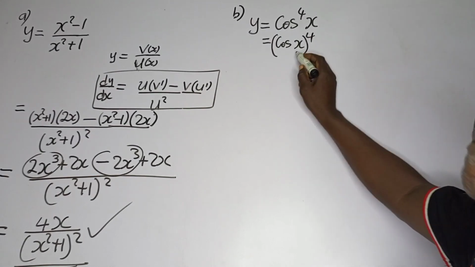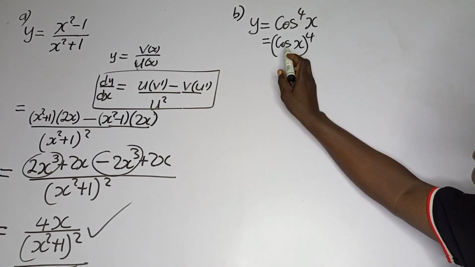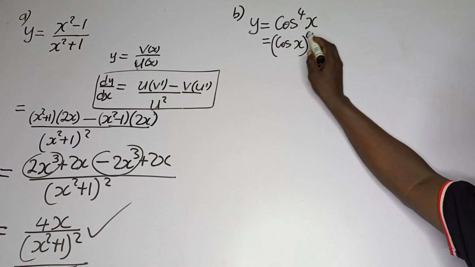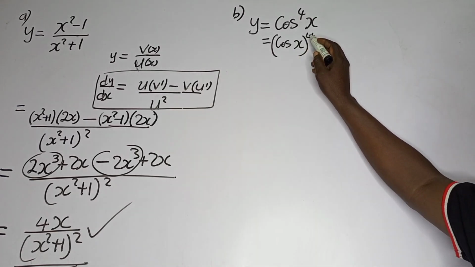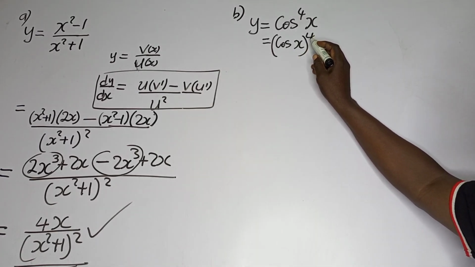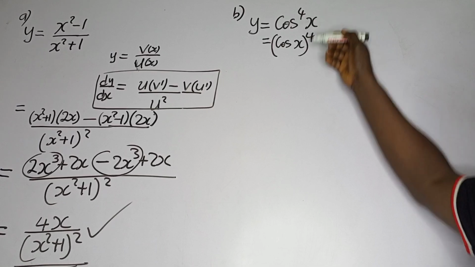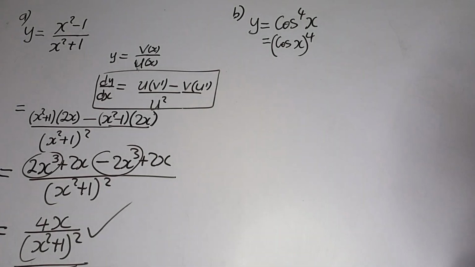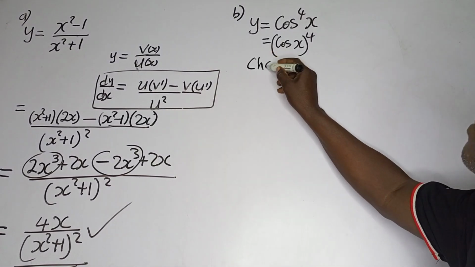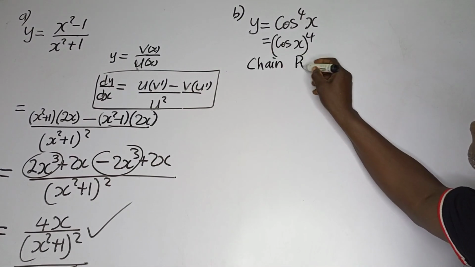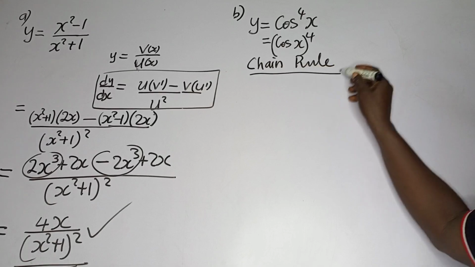So here we have a function of a function. There is the inner function cos x and there is the outer function which is the power 4. And so here, since we have a function of a function, a composite function, we are going to apply what is known as the chain rule. The chain rule for differentiation.